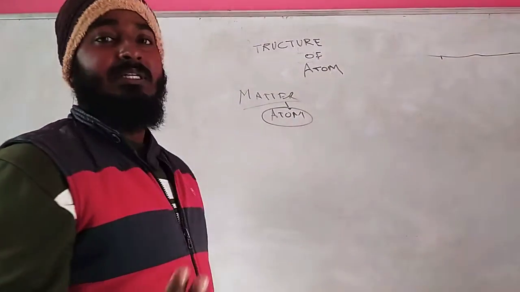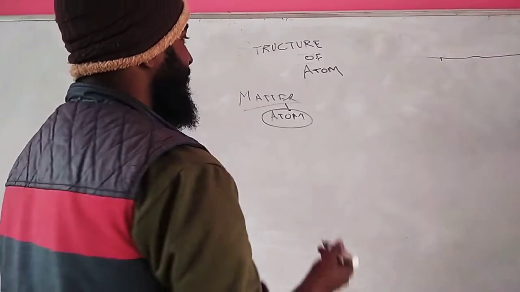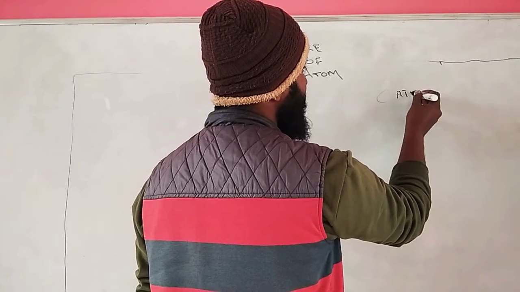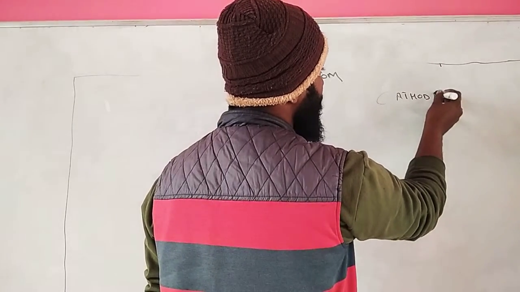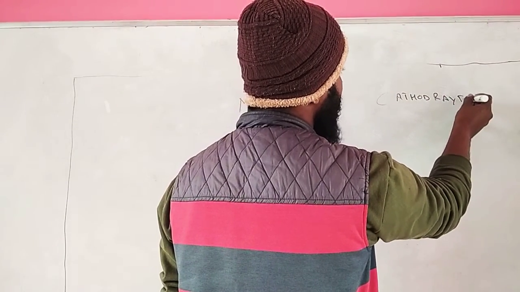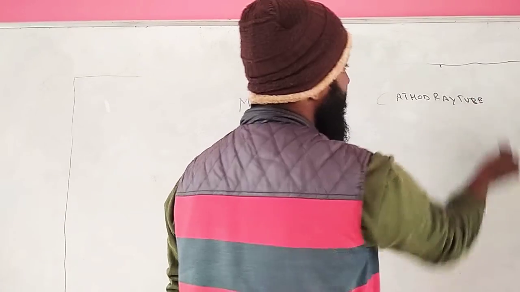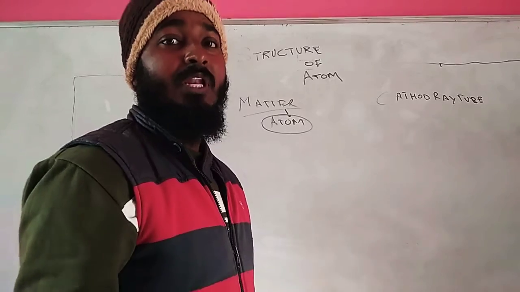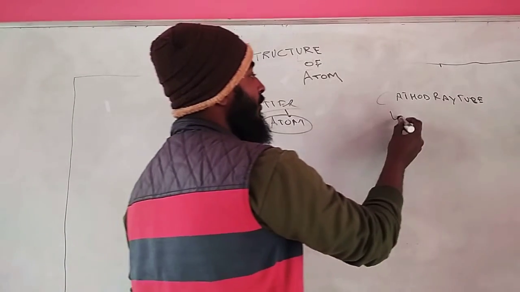Now what does it have? Further, a cathode ray tube experiment was conducted by William Crookes.